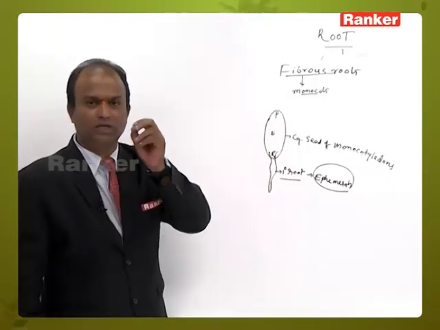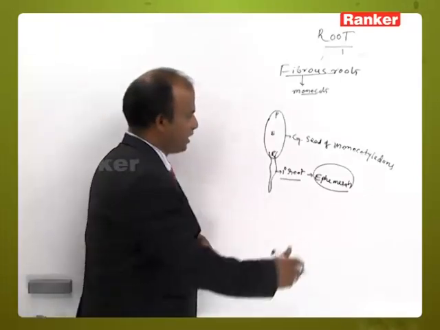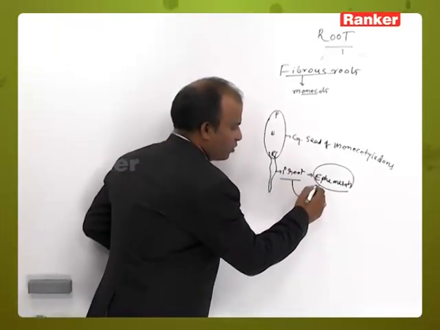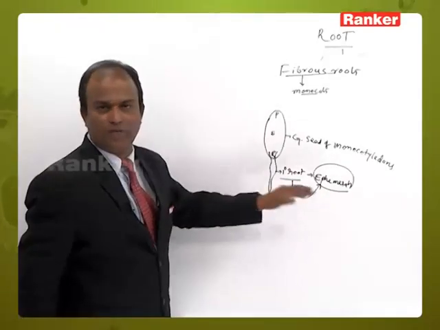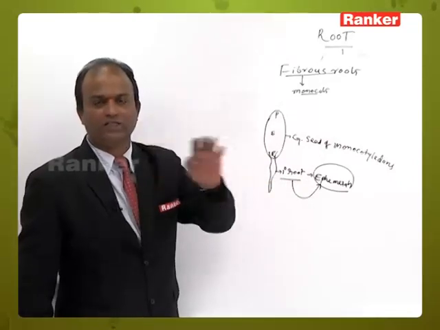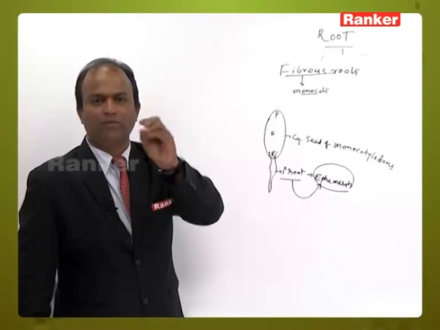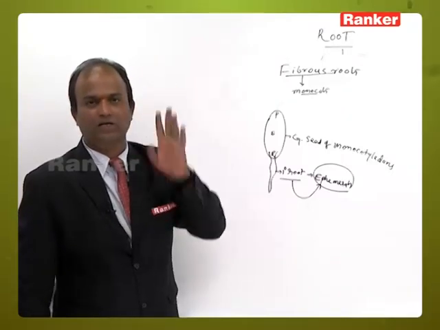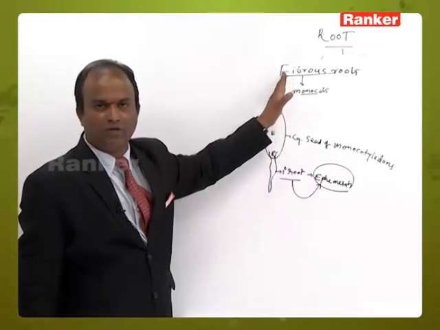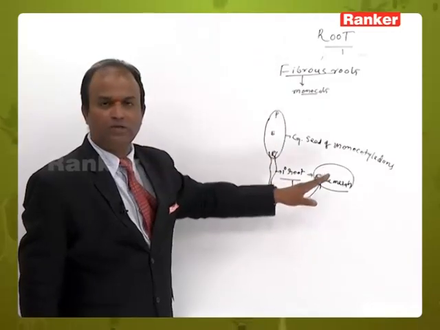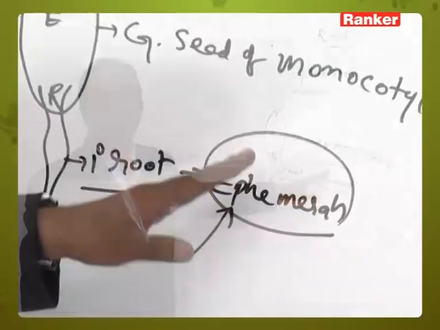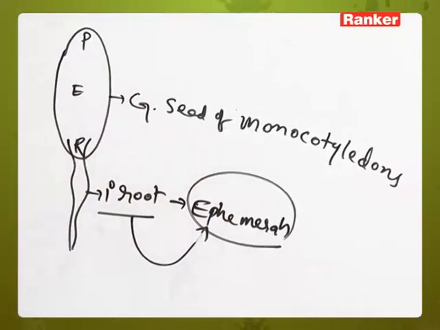That's why the primary root in monocots is ephemeral, but in dicots the primary root is perennial only. In monocots, as the primary root is short-lived, it is called ephemeral.